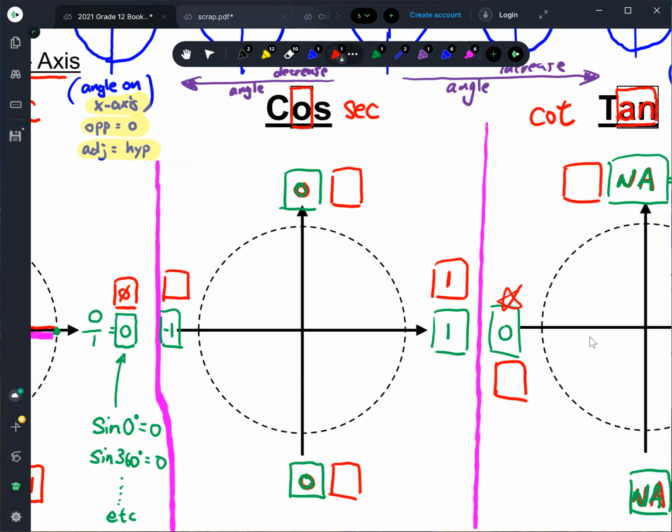Eric, next one, 90 degree. Would it be undefined? Yep. When you flip a 0, it will become undefined. When you flip undefined, it should become 0. They're reciprocals of each other. Sophie, next one. I got -1. Yep, very good.